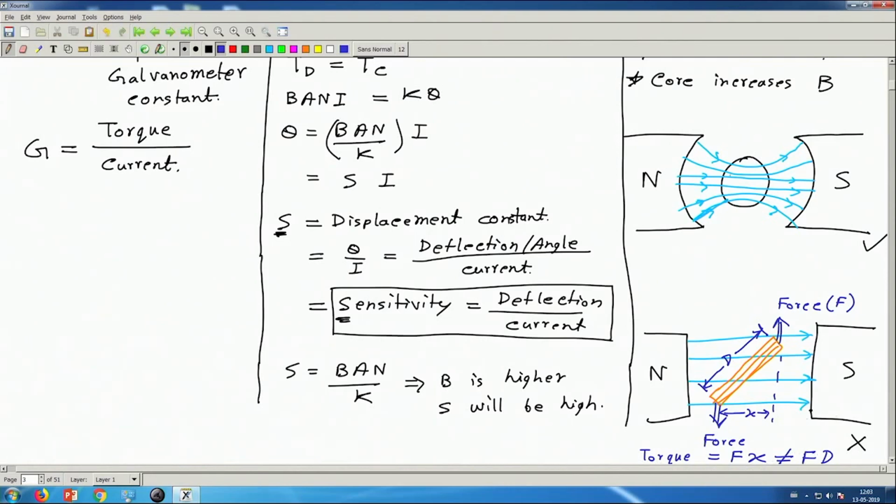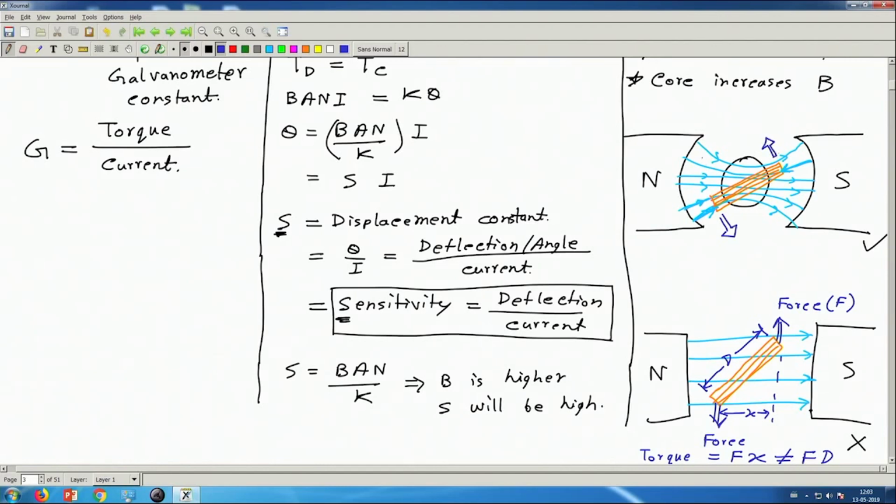But here you see that if I have the coil here at any angle, the flux lines are always like this. So, these flux lines are radial, which means they are always along the coil, and therefore, the force will be in this direction.